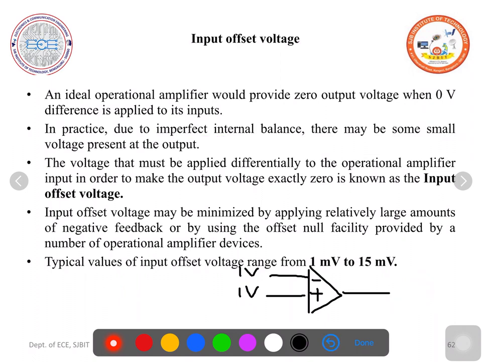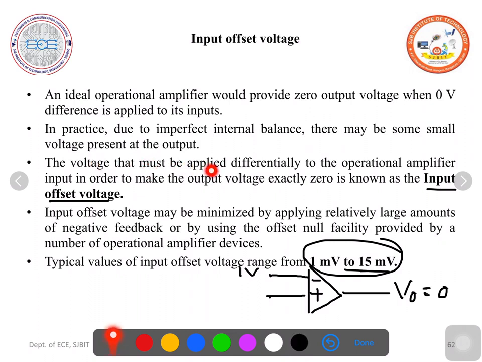Then to make the output voltage 0, we apply some voltage, for example 1 millivolt to 15 millivolts, differentially to make the output voltage perfectly 0. So this voltage is called the input offset voltage.